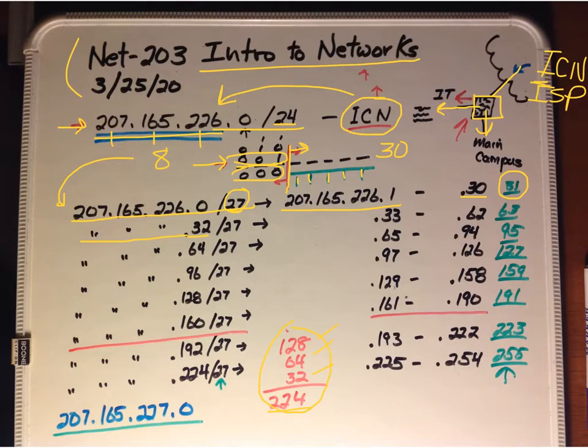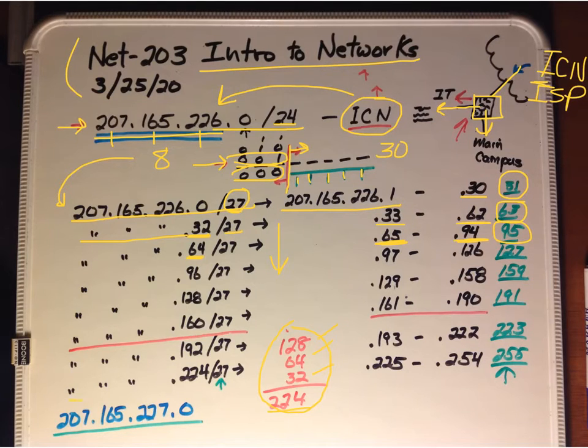So here's the address, 207.165.226.32/27. The first usable address is 33. This is the network. And the last one is 62. 63 is a broadcast. 64 is the next network. First address available. Last one, 95 is a broadcast. And so then we calculated all 8 of the addresses.